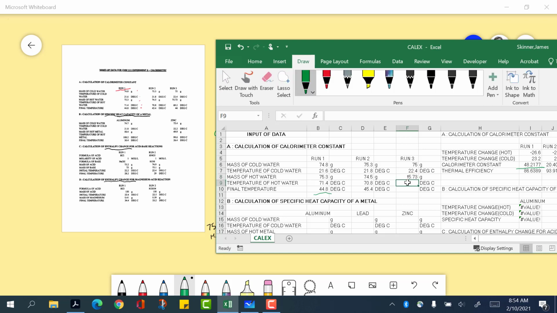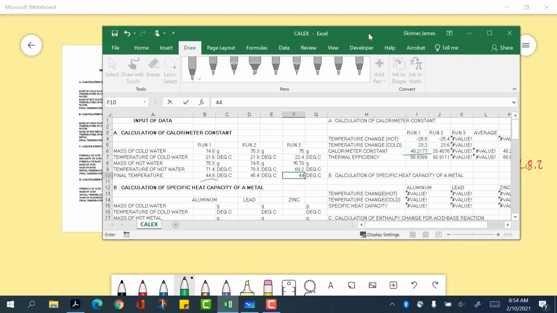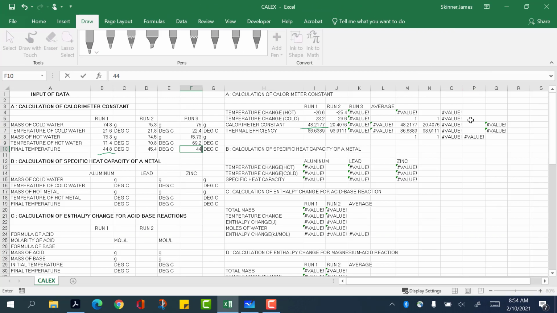And again, the temperature 69.2. I'm just typing all this in, was the temperature of the hot water, and 44. And the reason I'm typing all this in is to see how close they were each time in determining their calorimeter constant. Now, if we look over here, oops, there's a mistake typed in there.